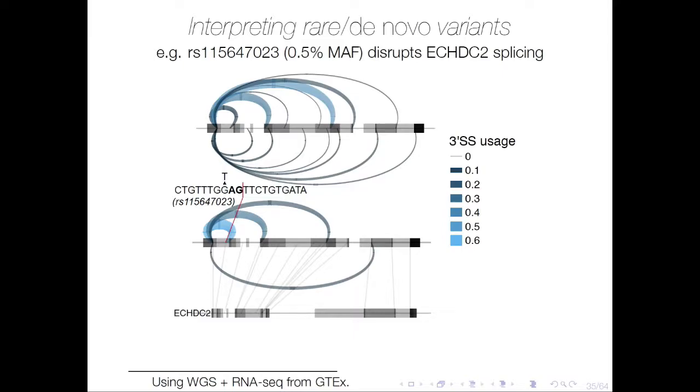And this makes this AG into a much stronger potential splice site. And we actually see that in the one individual that has this variant, heterozygote for it, approximately 50% of transcripts actually use this AG, suggesting that basically whenever you have this variant, you see splicing to this position.